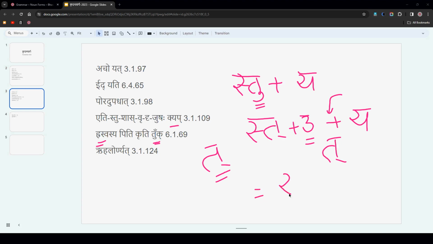So this finally becomes stutya. This hrasvasya piti kriti tuk comes into picture when there is a hrasva vowel, and after that vowel this ta is inserted. So it becomes stutya.